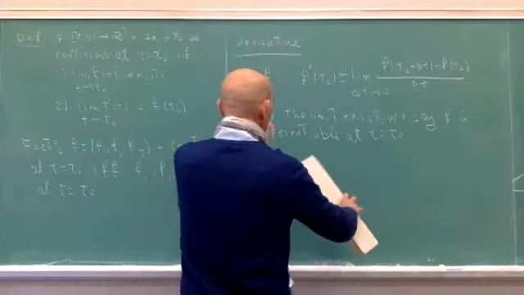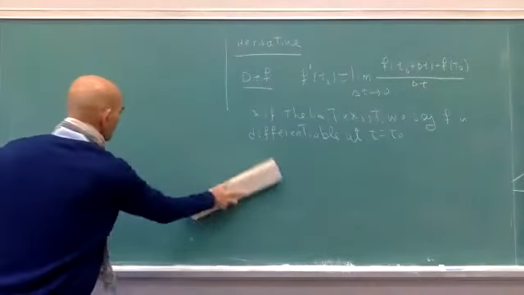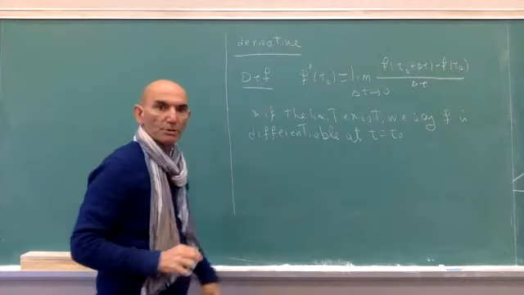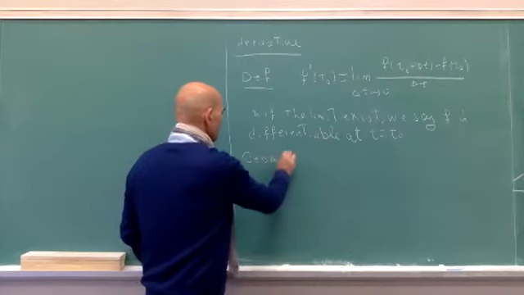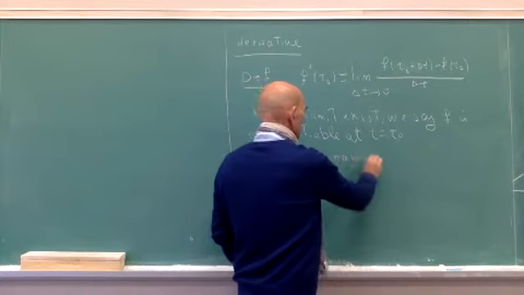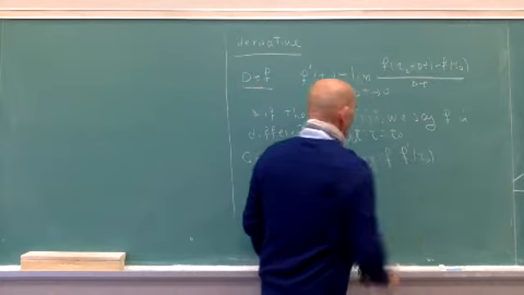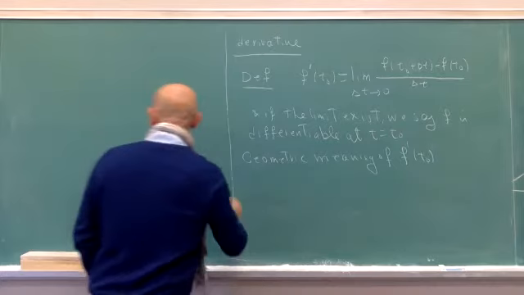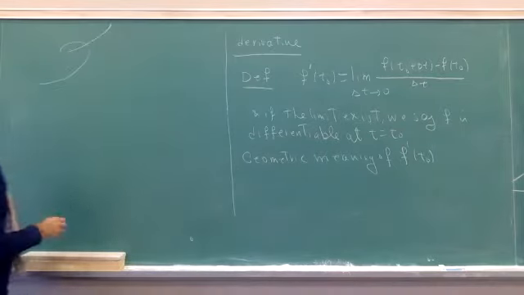So let me draw a picture that will tell you the meaning of this vector. I want to tell you the geometric meaning of this derivative. The best way to understand the geometry of this is to draw a curve in space like that.